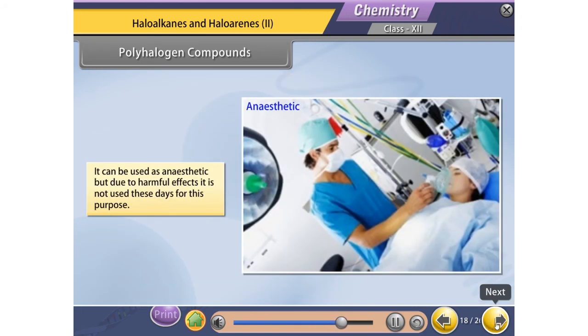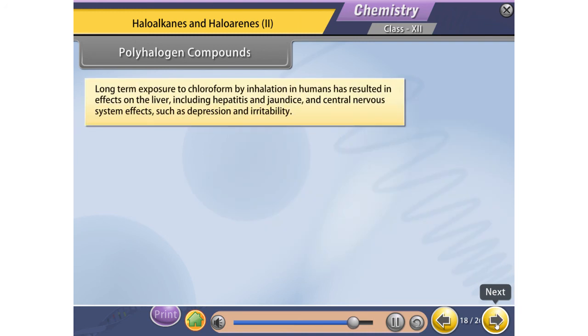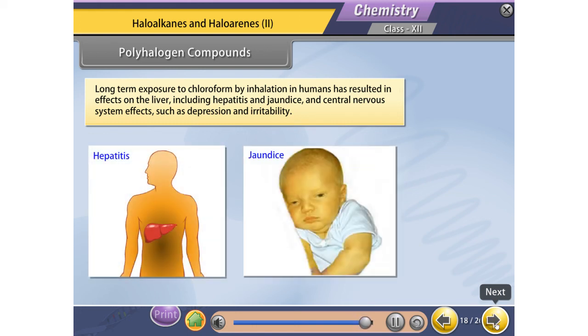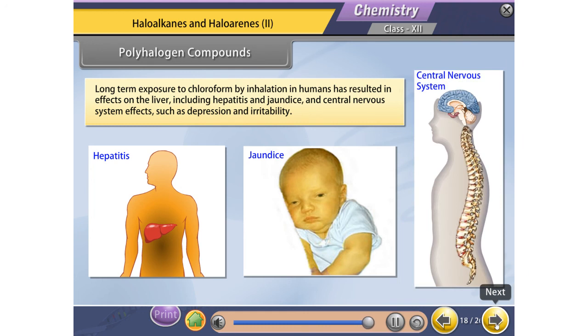It can be used as anesthetic, but due to harmful effects, it is not used these days for this purpose. Long-term exposure to chloroform by inhalation in humans has resulted in effects on the liver, including hepatitis and jaundice, and central nervous system effects such as depression and irritability.